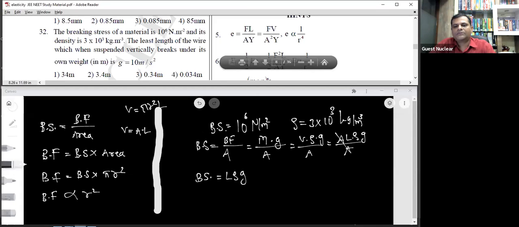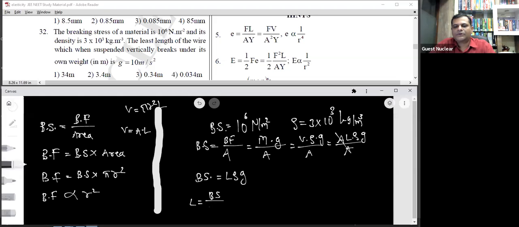And since we want to find out the least length of the wire which when suspended vertically breaks under its own weight, तो मतलब हमको ये लेंथ निकालना है जिसकी वजह से वो वायर खुद के वेट की वजह से ब्रेक हो जाएगा। तो लेंथ कैन बी एक्सप्रेस्ड एज ब्रेकिंग स्ट्रेस अपॉन डेंसिटी इनटू ग्रेविटी. अभी ब्रेकिंग स्ट्रेस कितना है देखो 10⁶ है, और डेंसिटी कितना है वायर का, 3 into 10⁻³ and gravity is actually 10, right?